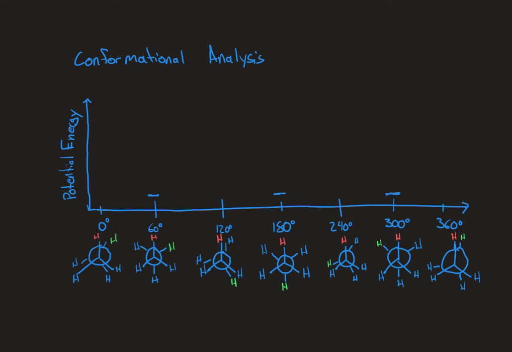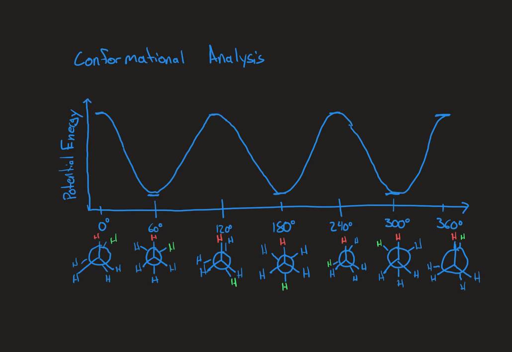And the eclipsed conformations are going to be higher energy. And again, all of the eclipsed conformations have the same energy because they're eclipsing hydrogens in each case. And as you rotate around that axis, you generate this sinusoidal-like curve that goes up and down as you rotate around.